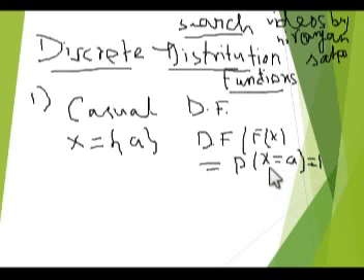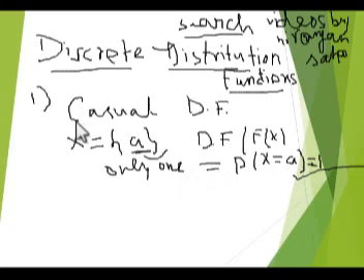Here a is a varying parameter. You can take any value, but just one value, not more than one. And if you generate the distributive function, you will get it equal to 1. This type of distribution is called casual distributive function.